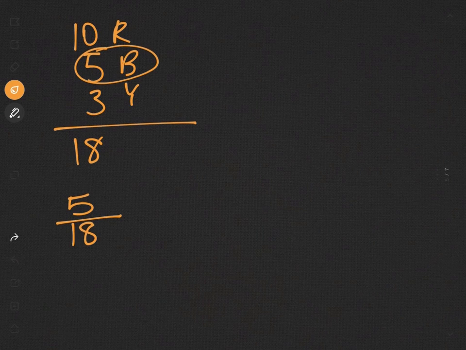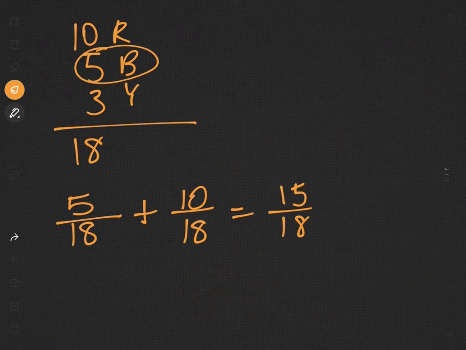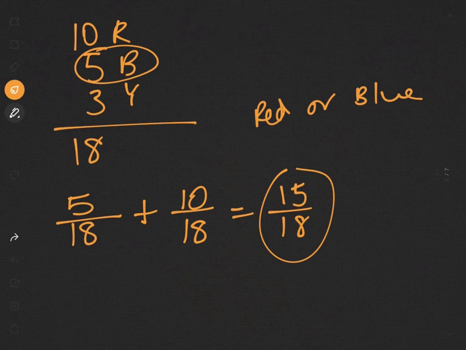For the same reason, the probability of getting a red marble is 10 out of 18. So what I'm going to do at this point is add them, and I'm going to get 15 out of 18. So the probability of getting a red or blue marble on his first draw is 15 out of 18.